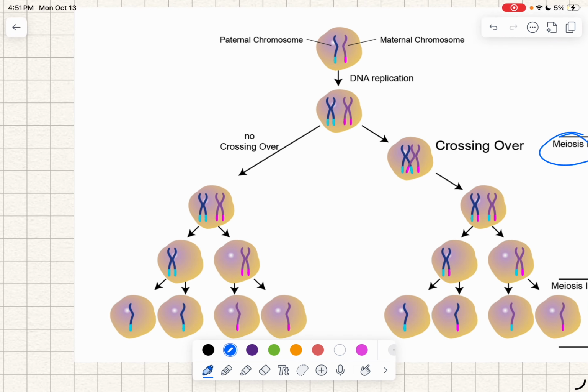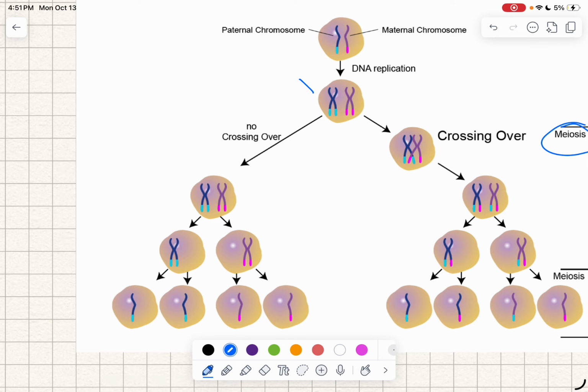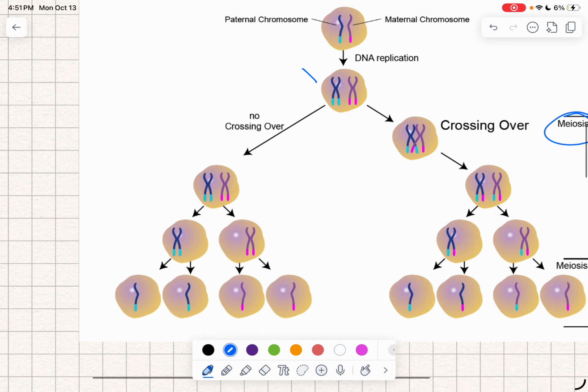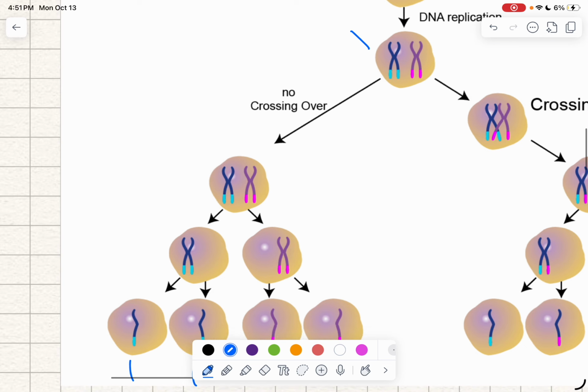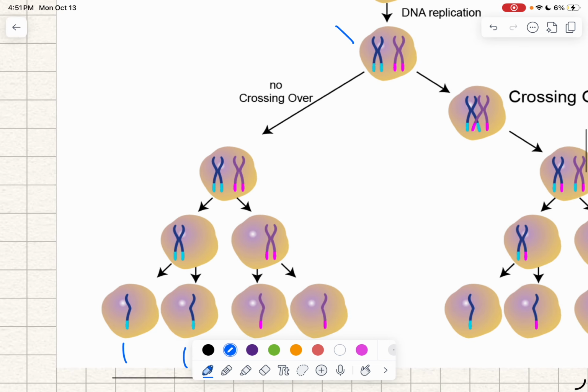During meiosis, we start off with a diploid cell and we end up with 4 haploid cells. In this example, we start off with 2 homologous chromosomes and we end up with them being assorted into 4 gamete cells.